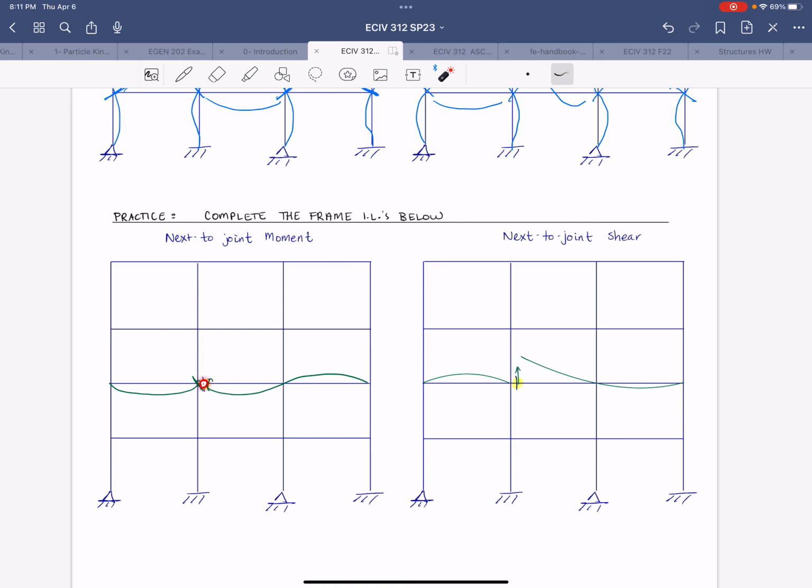Because it's right next to the joint, it's not going to deflect, right? So we treat that as a vertical support. And on one side, it'll rotate clockwise, and on the other side, it'll rotate counterclockwise, which will force it down on both sides, not very unlike a beam with supports, right? So you can just treat this as an indeterminate beam.